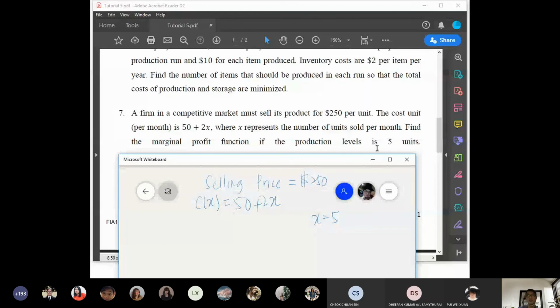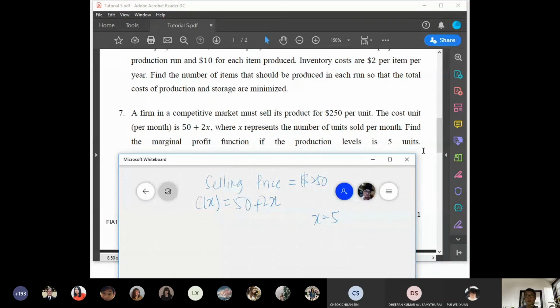The selling price is 250 per unit. We want to find the marginal profit function, and then the marginal profit when the production level is 5 units.